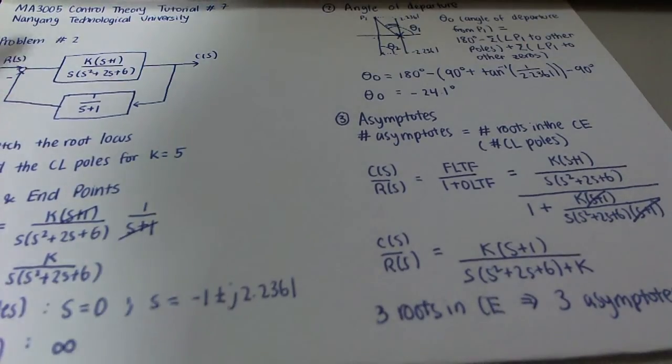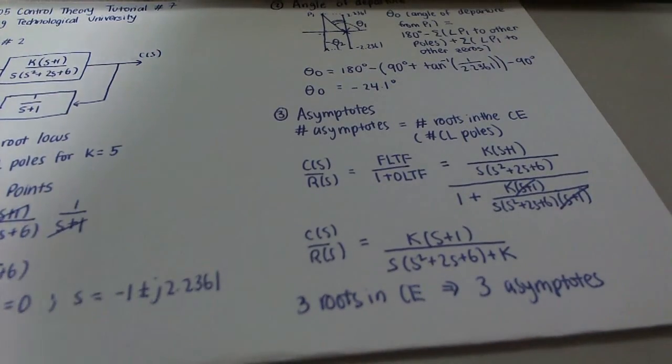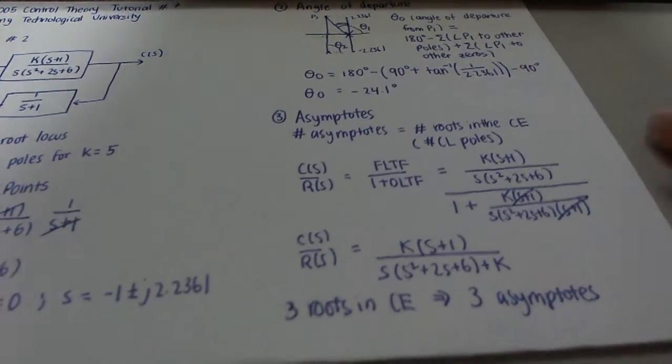So now let us find the angle of asymptotes and the point of intersection among all 3 asymptotes, and I'm going to continue on the next piece of paper.